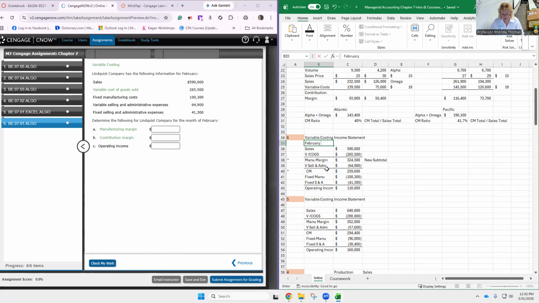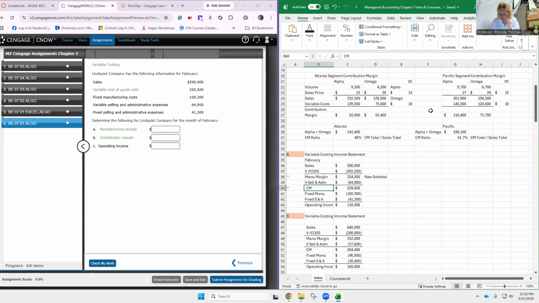There's a new manufacturing margin that I am not used to yet. This is something different than I have seen in other books. Usually we would just put our 2 variables and then go right to contribution margin. So you'll have to forgive me that I'm a little out of touch with this. Then we want our variable selling and admin.